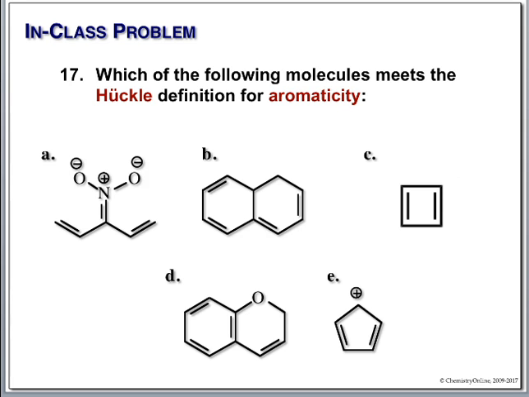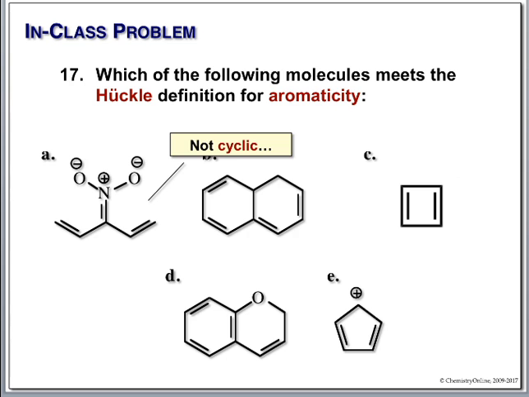So let's apply the test to each of these guys. First of all, this thing here does have 6 electrons in a continuous conjugated pi system, but it's not cyclic. So no, this is not aromatic. Our next guy has 2, 4, 6, 8 electrons.